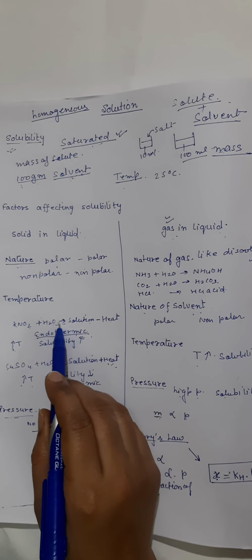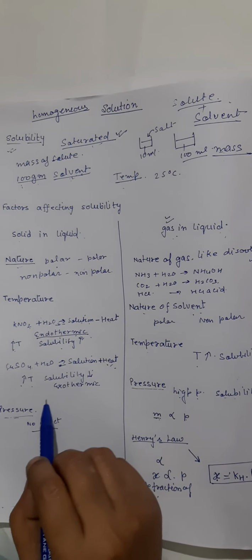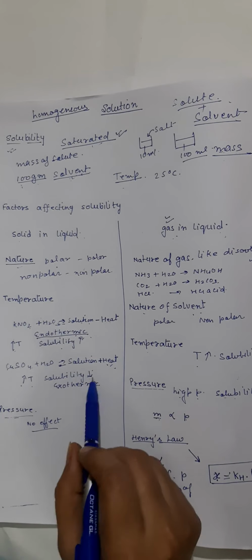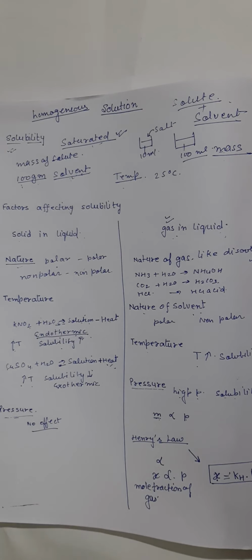So for exothermic dissolution, the solubility of the substance decreases on increasing the temperature. In other words, comparing lattice energy and hydration energy, when lattice energy is more than hydration energy, we need to provide some heat to break the lattice, and then only does solubility increase. But if lattice energy is less than hydration energy, some energy is released, so it can be done even at lower temperatures.